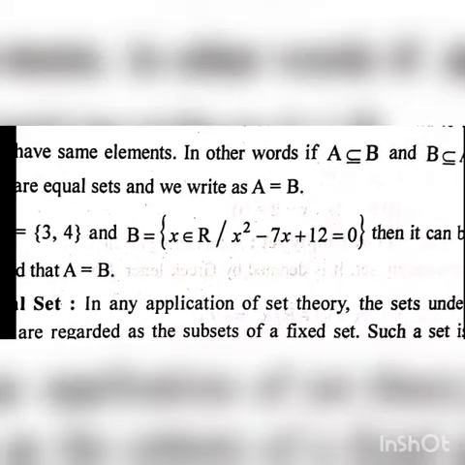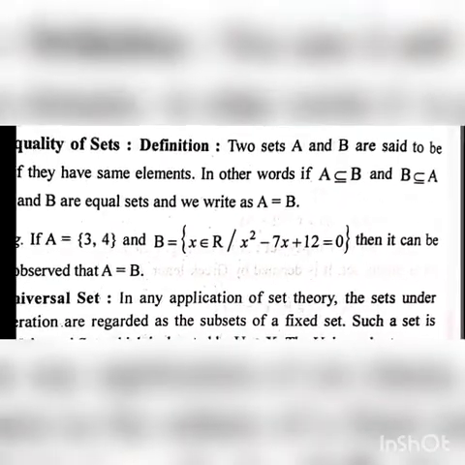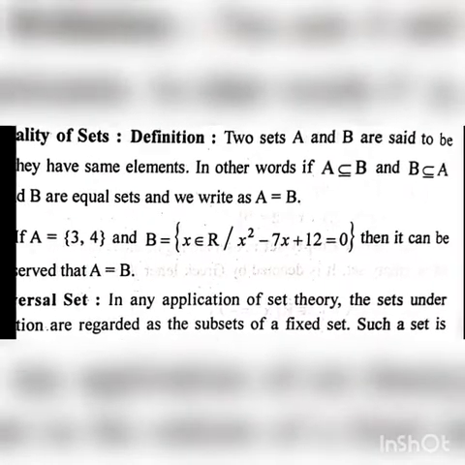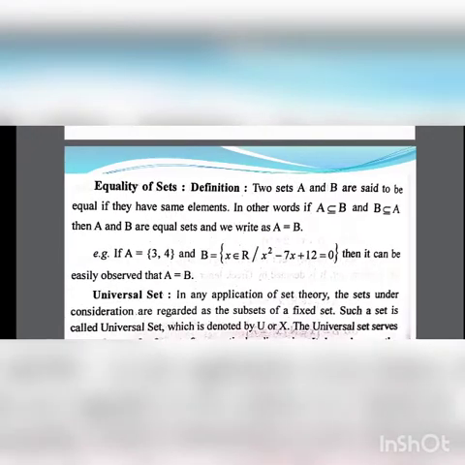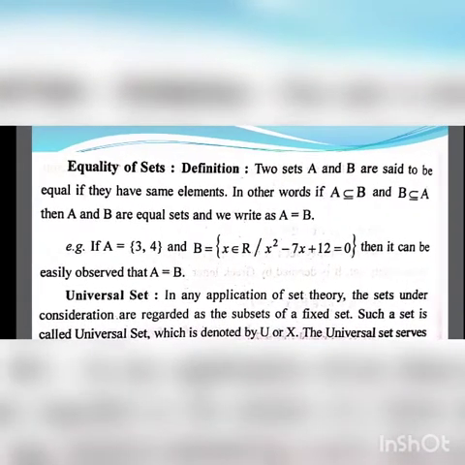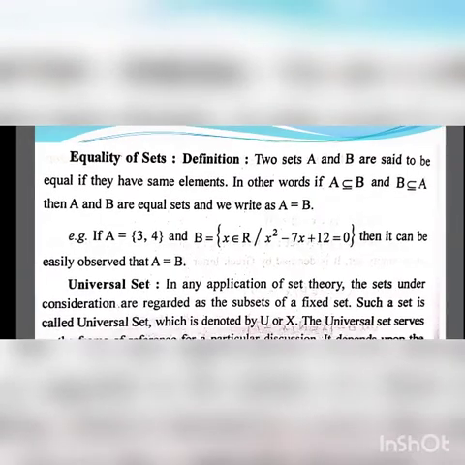So when we solve this quadratic equation, we get the values of x are 3 and 4. Therefore the set A also contains elements 3 and 4. Therefore these two sets are equal. Therefore we get A = B.